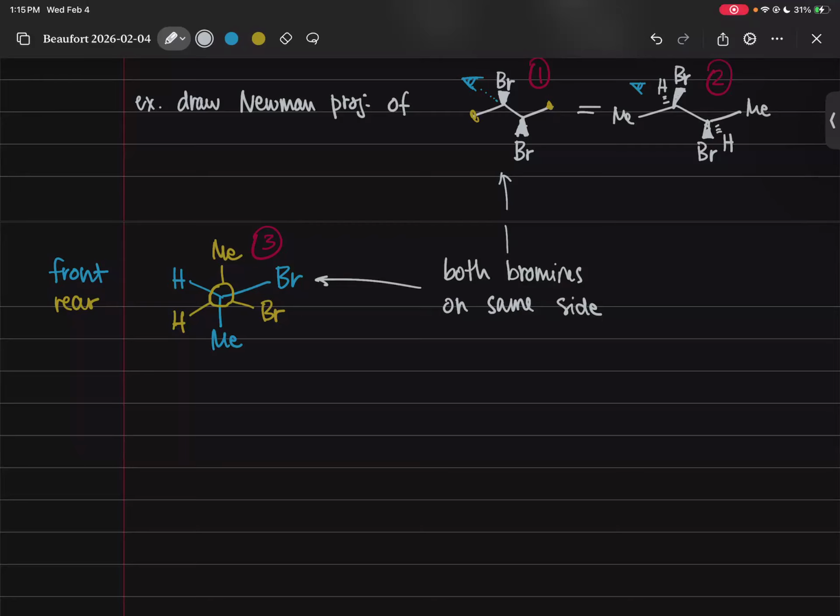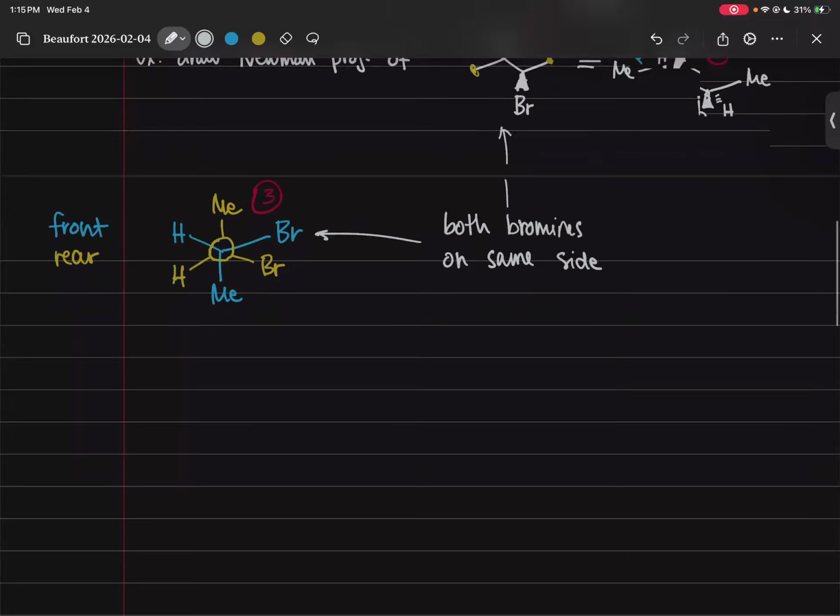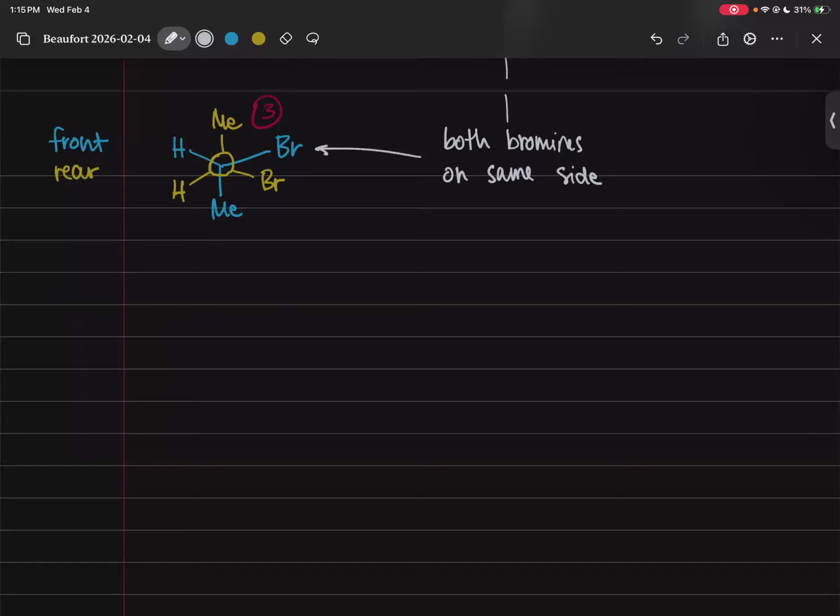Or that the back one hasn't rotated, right? We can rotate around this carbon-carbon bond. And there's one specific conformation that we've drawn here, but there are other conformations that are possible. And so looking at that is called conformational analysis.